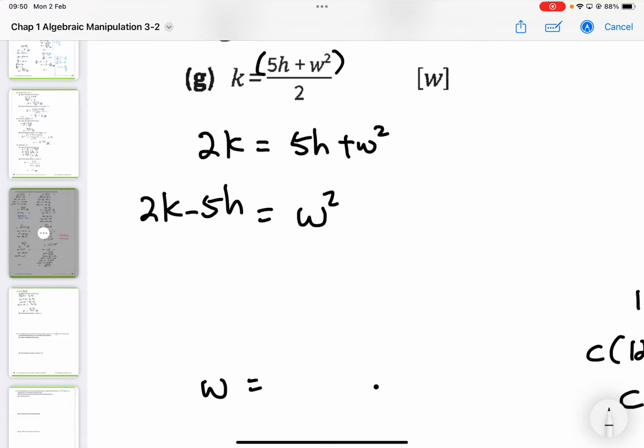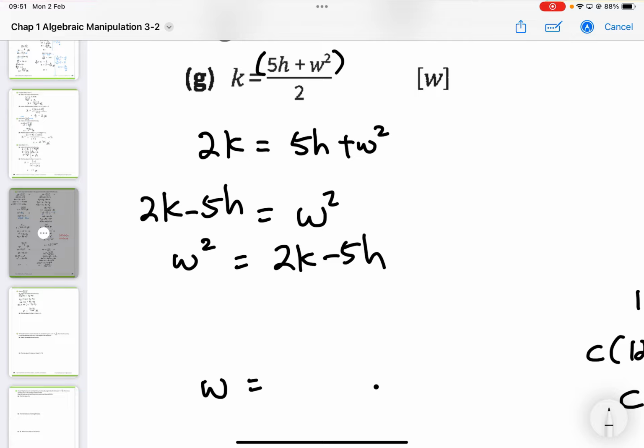From this step, I can put the whole W square on the left, put the whole of the left on the right. Then I don't need to change sign because it's not moving. I am switching places. Left is the same as right, means right is the same as left. So I don't change sign. Here don't change sign, here don't change sign. Just swap their places only.